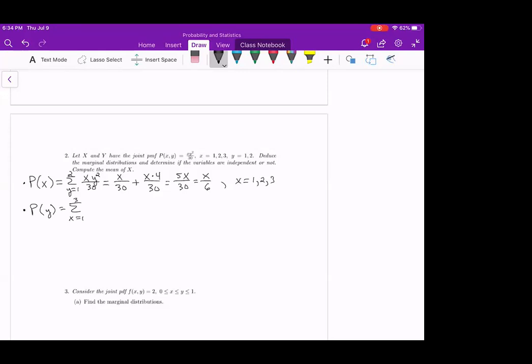I'm just setting it up, but if you have the answer, feel free to let me know. So it's going to be different. Other than being a ratio, it's not going to end up being x over 6.